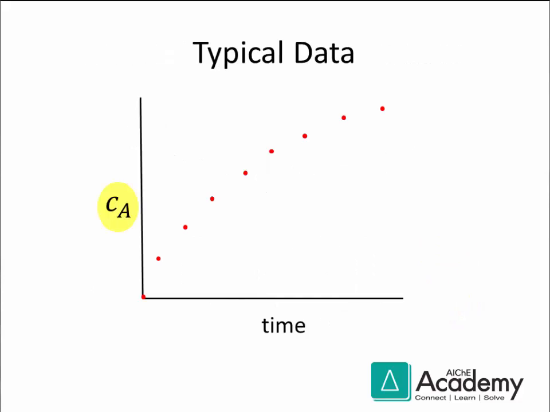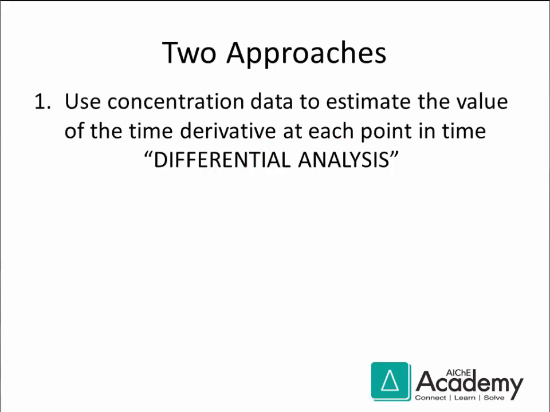Unfortunately, we aren't measuring the time derivative. We're measuring the concentration of A. So what can we do? There are two basic approaches. One way is to use the concentration data to estimate the value of the time derivative at various points in time. This is referred to as a differential analysis.